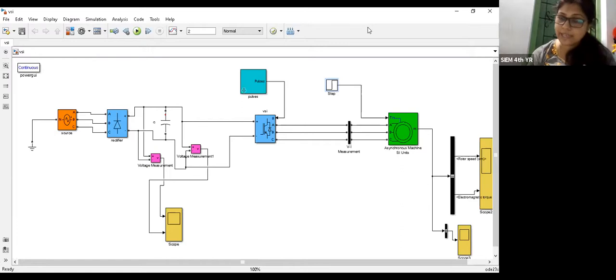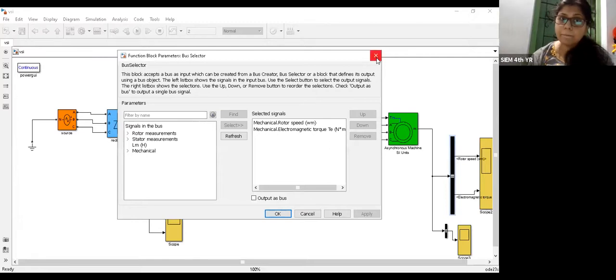Now from the output side of the induction motor, we have to see which parameters to trace in the output waveform. We are considering a bus selector. From this bus selector, we have to design the entire circuit again. Don't worry, but just to understand the voltage source inverter fed induction motor drive, please look carefully.